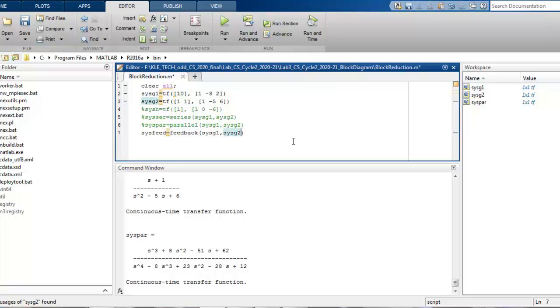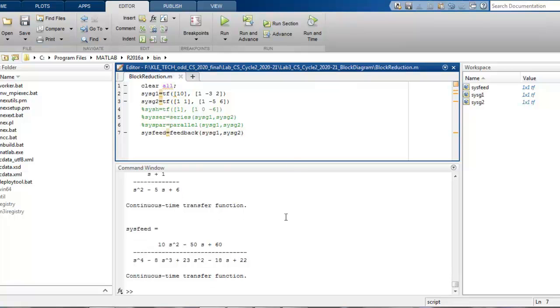But apart from sys G2, there is a third optional parameter which you can enter after a comma. I can write it as plus or minus based on whether it's a positive or negative feedback. By default, if I have negative feedback, I don't have to write it. It computes the feedback of the system and gives the result.